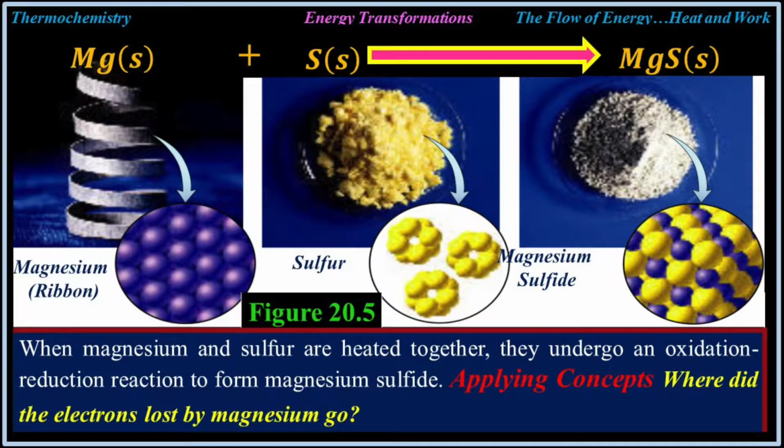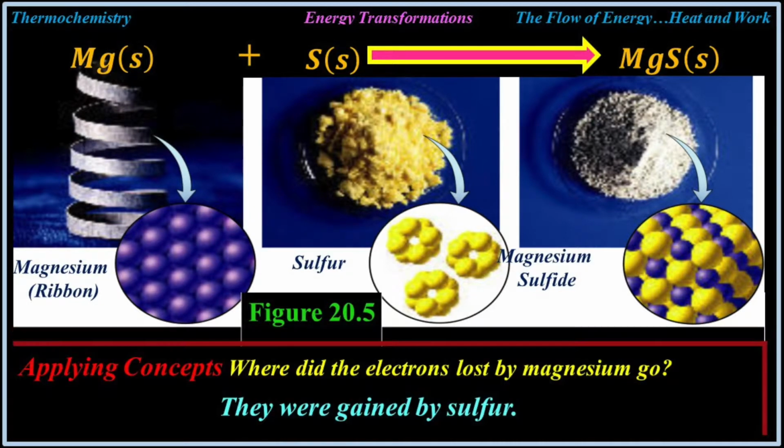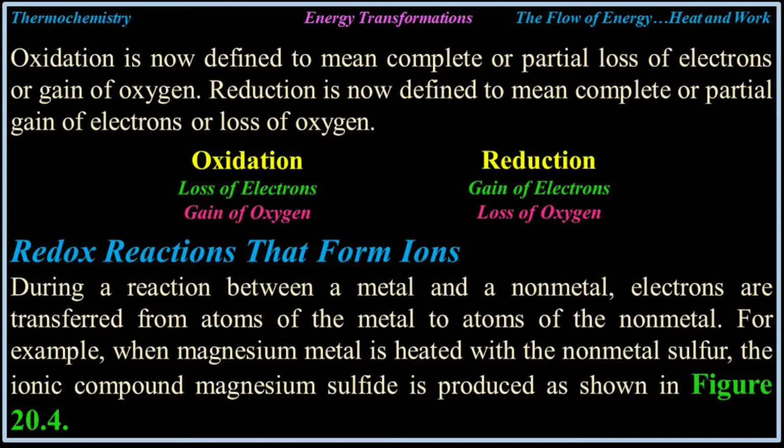Applying concepts. Where did the electrons lost by magnesium go? They were gained by sulfur. Oxidation is now defined to mean complete or partial loss of electrons or gain of oxygen. Reduction is now defined to mean complete or partial gain of electrons or loss of oxygen.